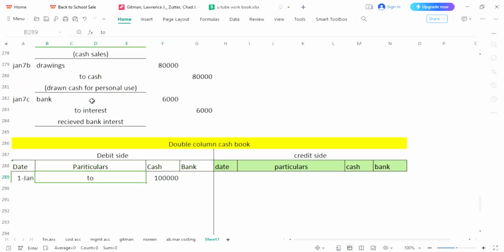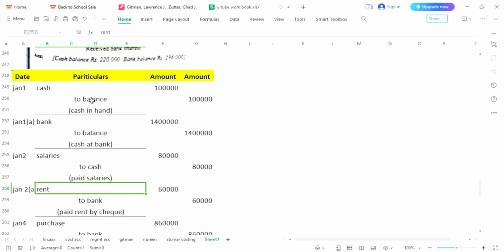So you will write to balance over here. Now, the first entry has been completed as we are associated and related with cash and bank only. So cash has been entered, the first entry has been completed. So what we will do, we will mark it as it has been done. Just marking it so that it could not be repeated.